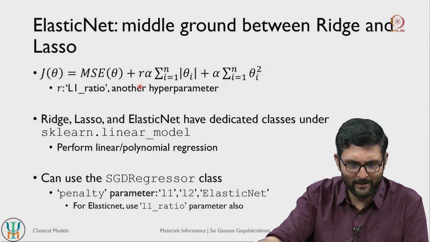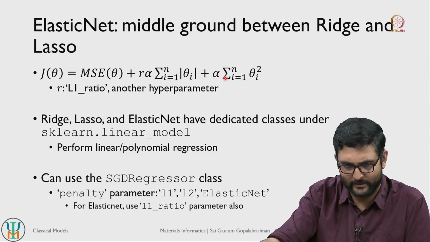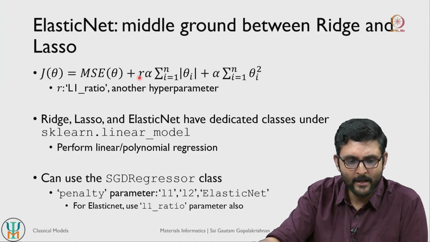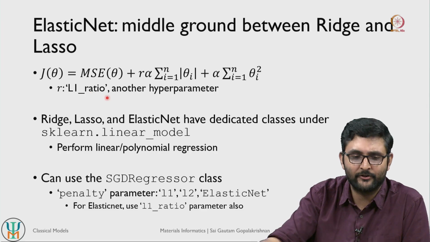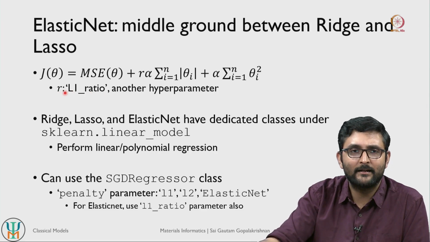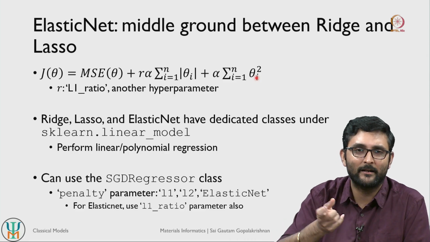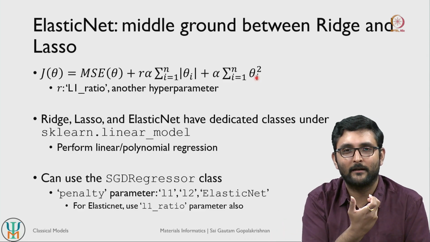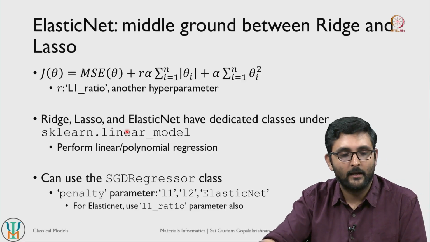So you now have alpha, the existing hyperparameter that we had already in our ridge and lasso regressions. You introduce a new hyperparameter called R, referred to as the L1 ratio, right. R determines the trade-off between your lasso error and your ridge error. So ElasticNet gives you an additional hyperparameter that lets you tune how much lasso-like behavior or how much ridge-like behavior you want in your model, right.